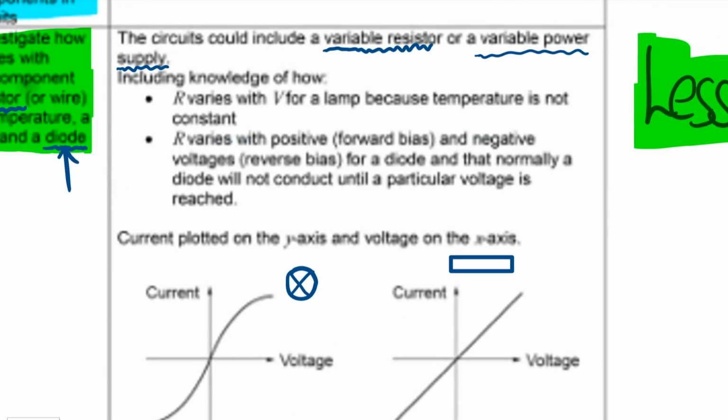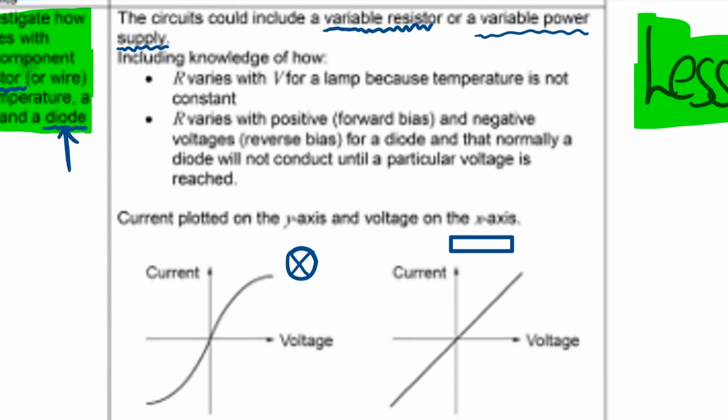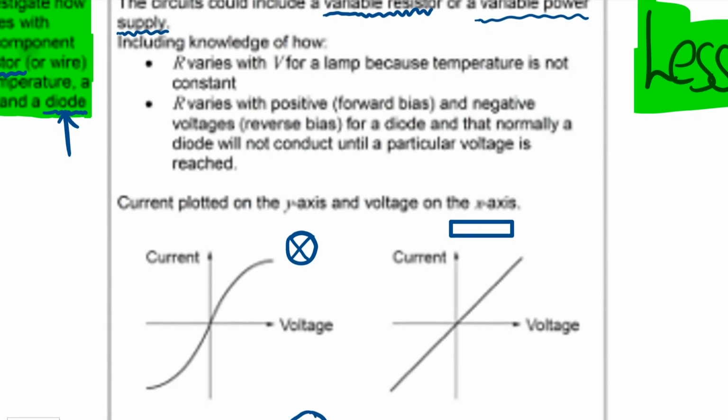Just go back at the top. Also, you need to have the knowledge of how R varies for V. That means how resistance varies with voltage for a lamp. Basically, they're talking about these graphs underneath. And how resistance varies with positive or forward bias and negative voltage or reverse bias for a diode.